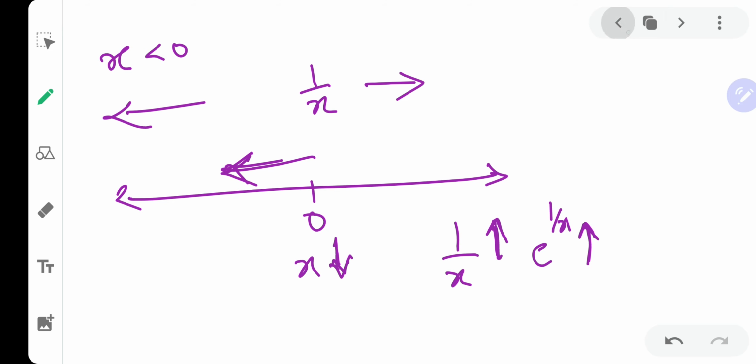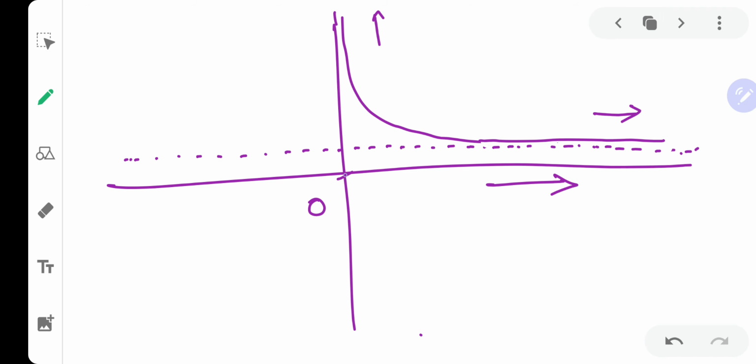Hence just before 0 on the LHS, the value is trying to approach 0, and the value is increasing like this. As the value of x is decreasing, the value of y is increasing, but it will never reach 1. It can reach 1 only at infinity.